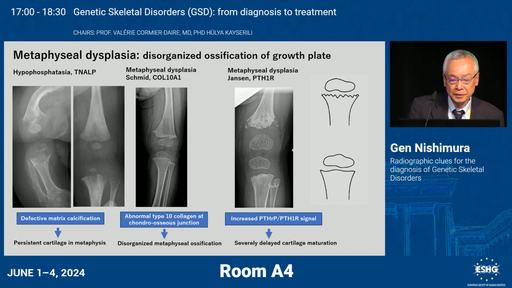Metaphyseal dysplasia is caused by disorganized ossification of the growth plate.